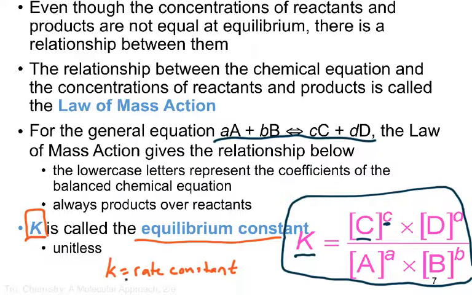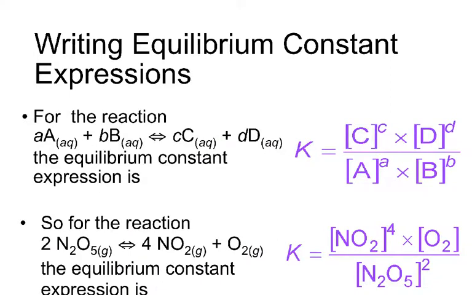But when we're talking about rates, like we did in the last chapter, unless you're looking at a mechanism with elementary steps, you cannot get the order of reaction from the coefficients. Those are not the same. In equilibrium, we do use the coefficients. So do whatever you need to do to get that straight in your head, because I see that mixed up all the time.